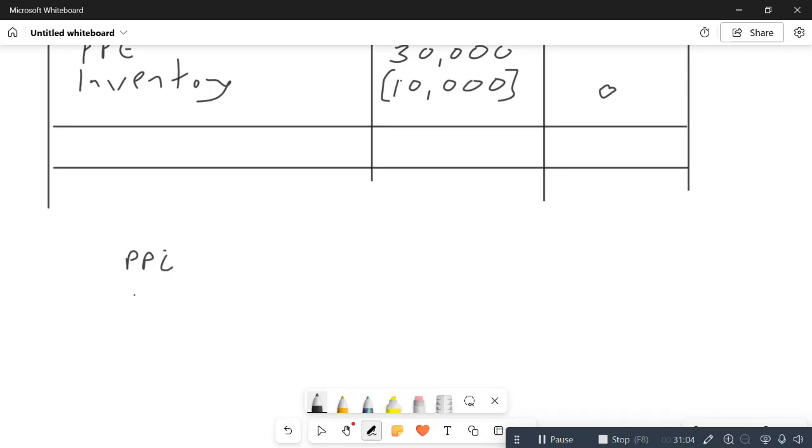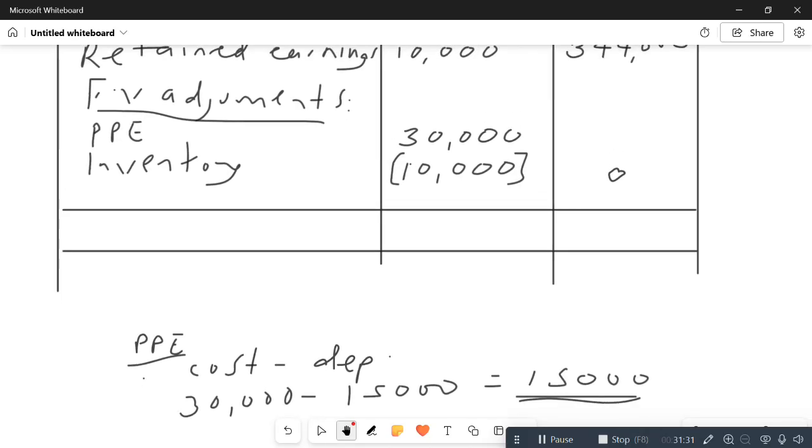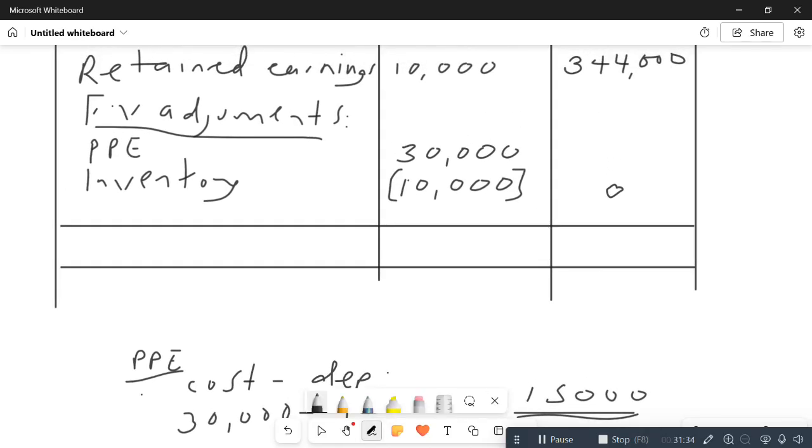PPE is going to be cost minus accumulated depreciation, and the cost was 30 million minus depreciation, which was 15 million, and balance is 15 million, meaning at the end of reporting period, the PPE raised as a result of fair value adjustment had remained 15 million. You bring it here, you put your 15.